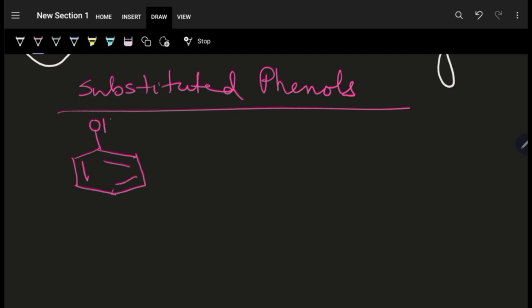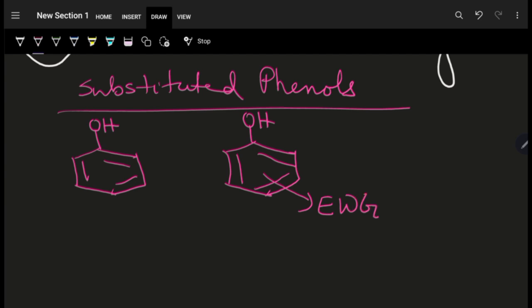I am comparing this with another substituted phenol where I have an electron withdrawing group like nitro. I can also compare it with a substituted phenol which has an electron donating group like an alkyl group.